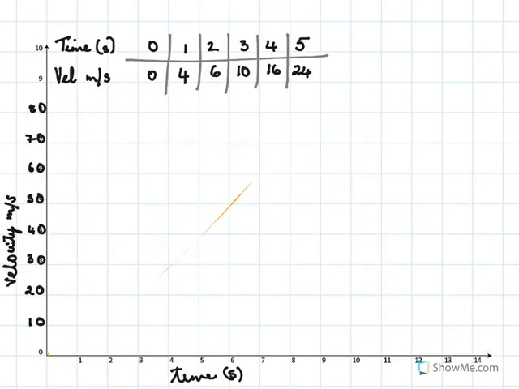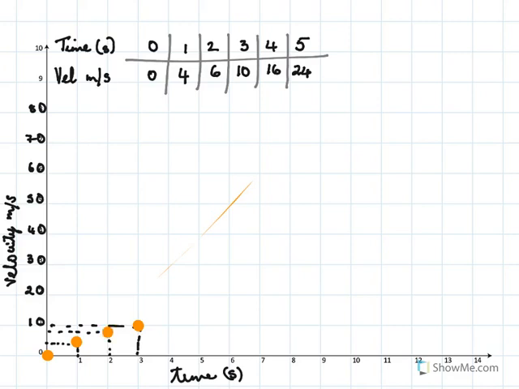Let's plot this graph. Time 0, velocity 0, so it's here. Next we have time 1, velocity 4, somewhere here. Then time 2 would be 6, somewhere here.